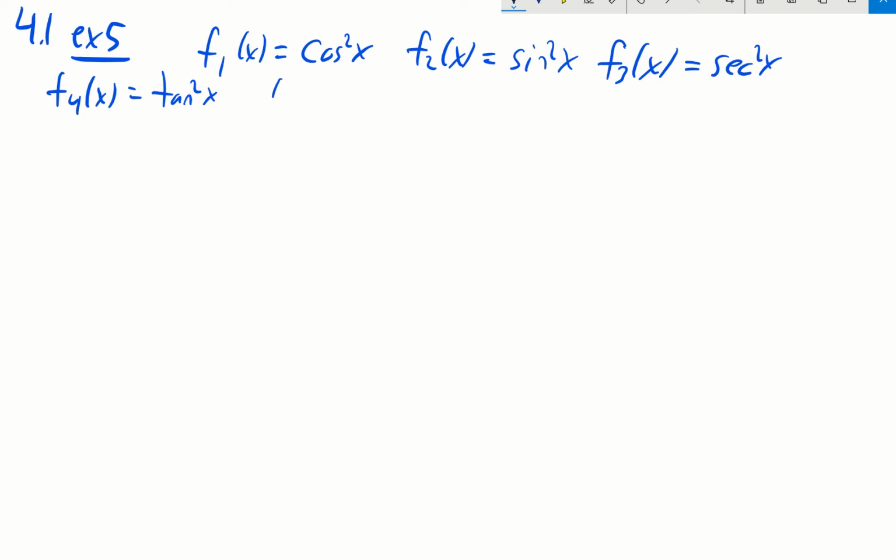And we're claiming that this collection of functions is going to be linearly dependent on the interval negative pi over 2 to pi over 2.